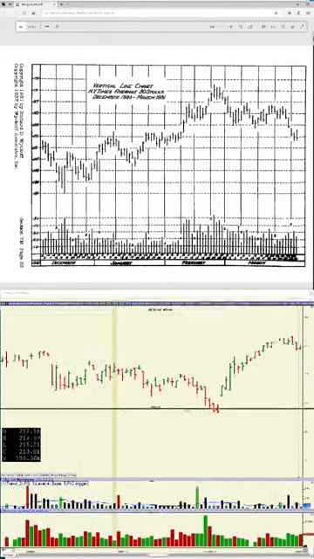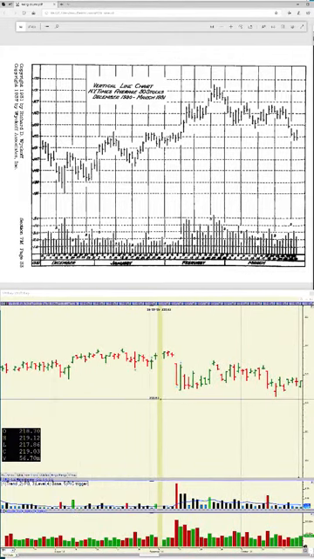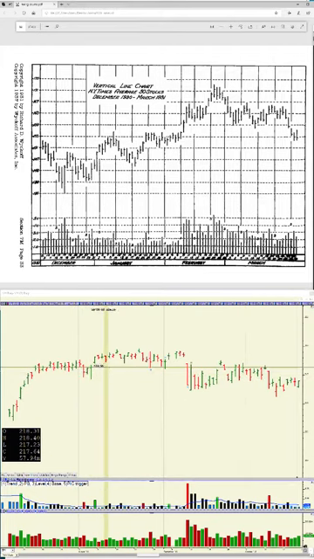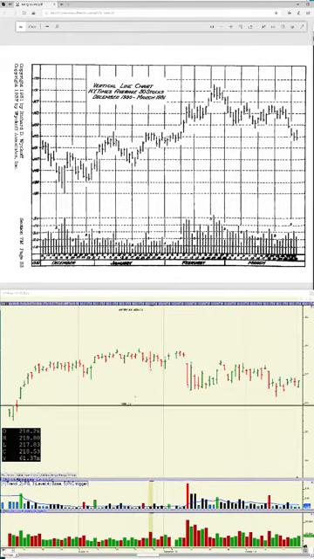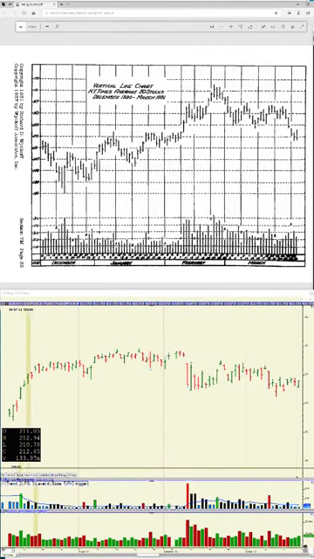Other examples. This was selling. Right here it tried to go high, but it was selling.